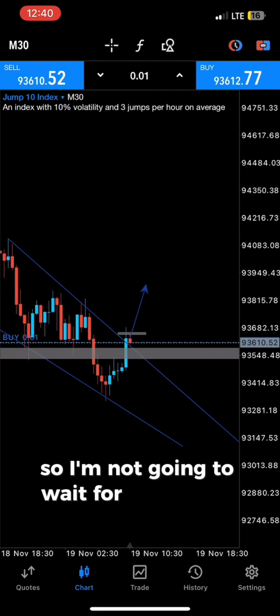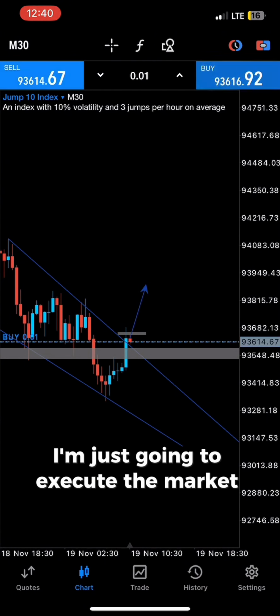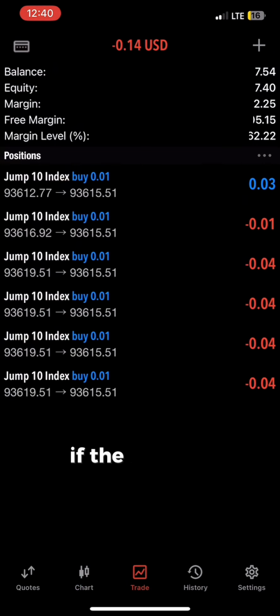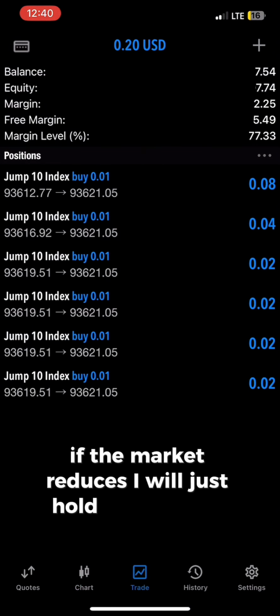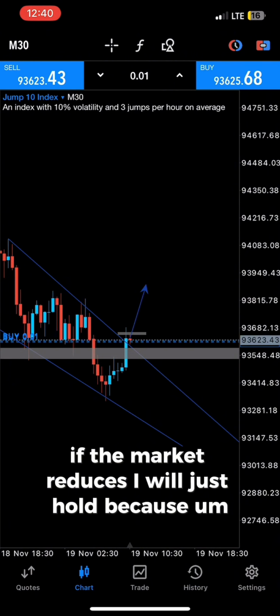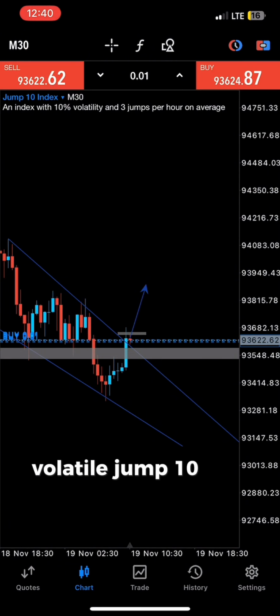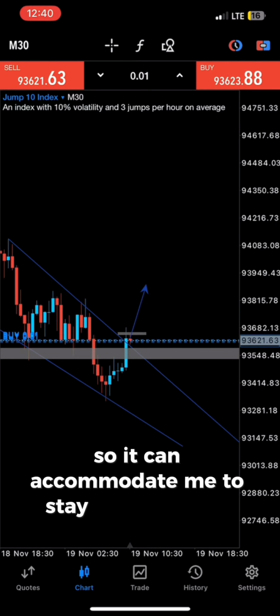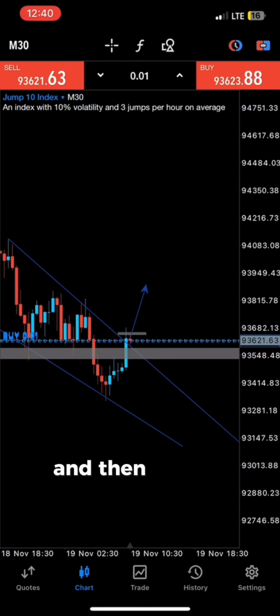So I'm not going to wait for the retest. I'm just going to execute the market in the buy. If the market retraces, I will just hold, because Volatility Jump 10 isn't that volatile, so it can accommodate me to stay in the market and then collect profit.